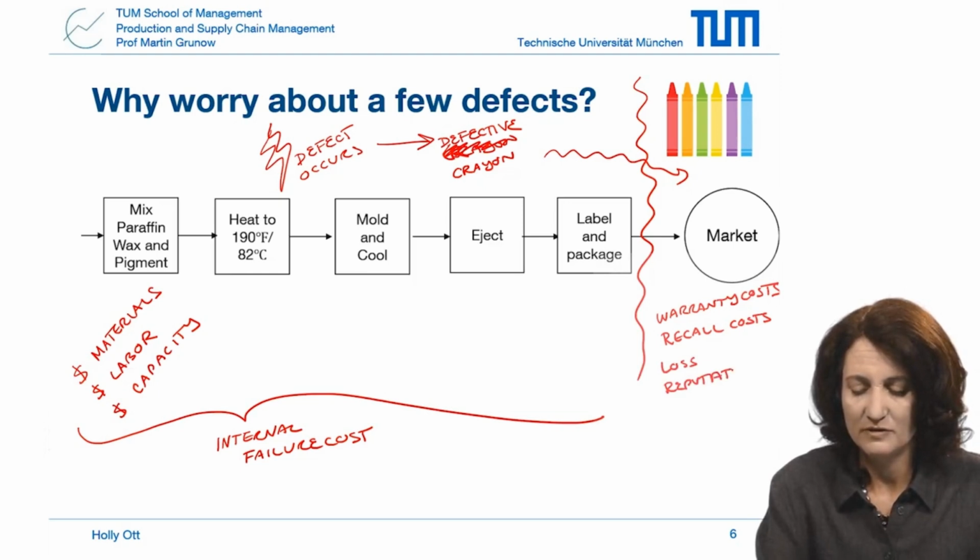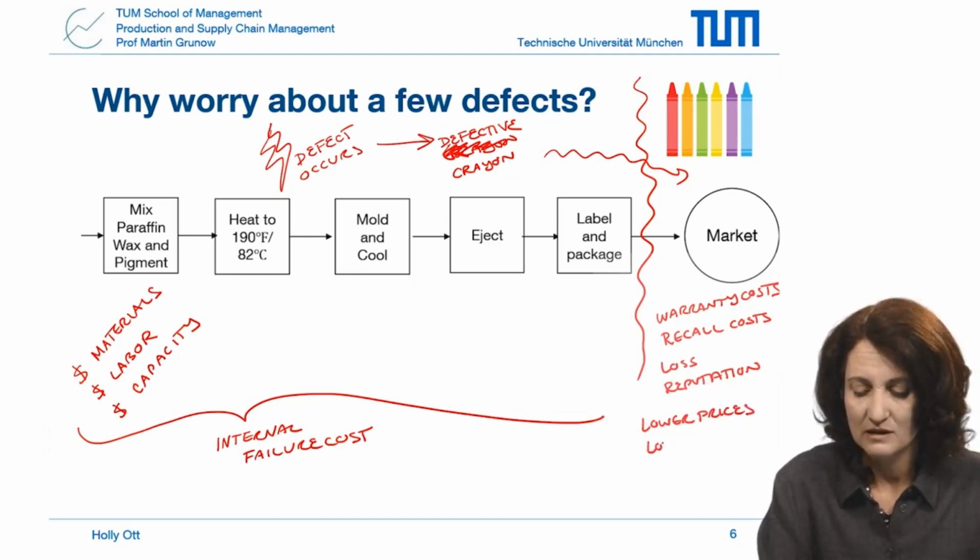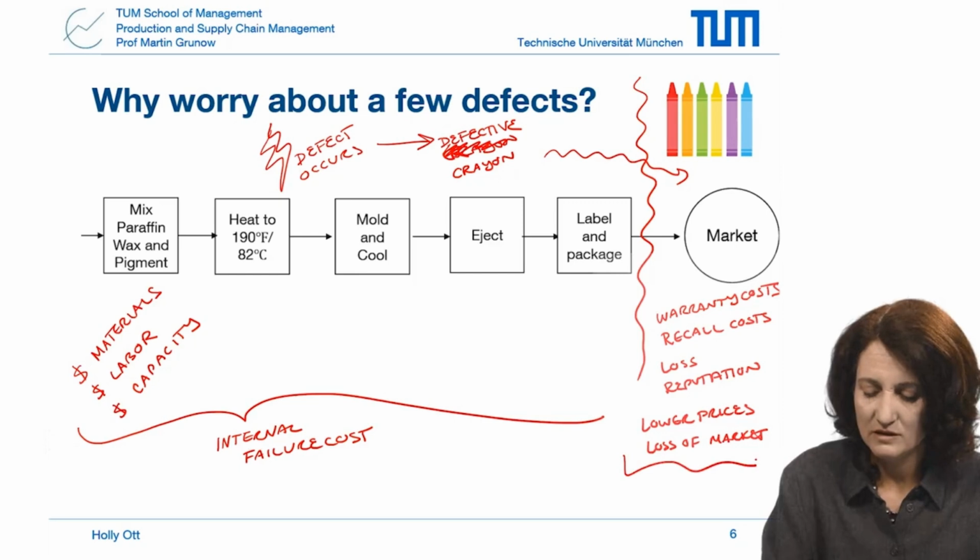And loss of reputation leads to things like lower prices. We're forced to sell our product at a lower price, or even loss of market. The demand will drop. And these are called the external failure costs.